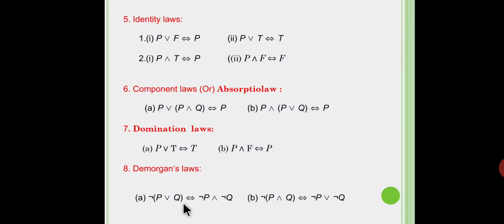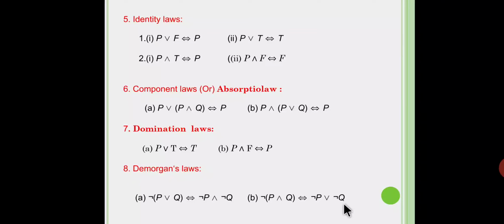Negation of P or Q is equivalent to negation P and negation Q. So disjunction changes into conjunction, and conjunction changes into disjunction. Negation goes inside and changes disjunction to conjunction. Negation of P and Q is equivalent to negation P or negation Q.